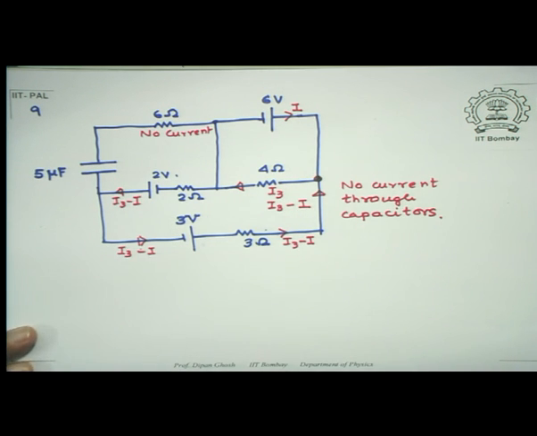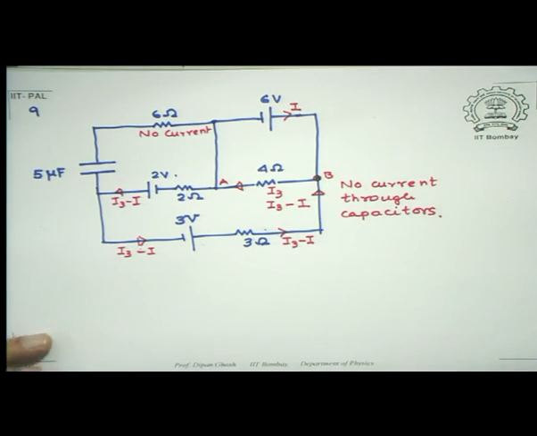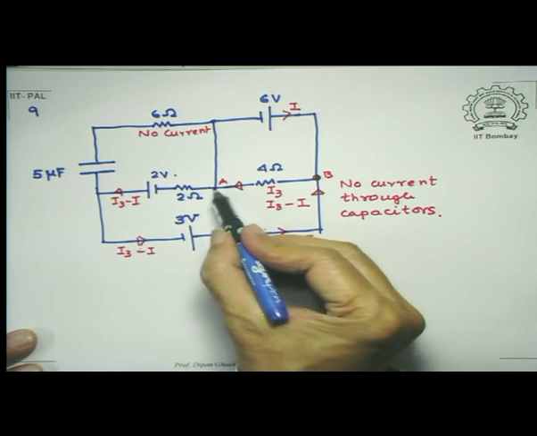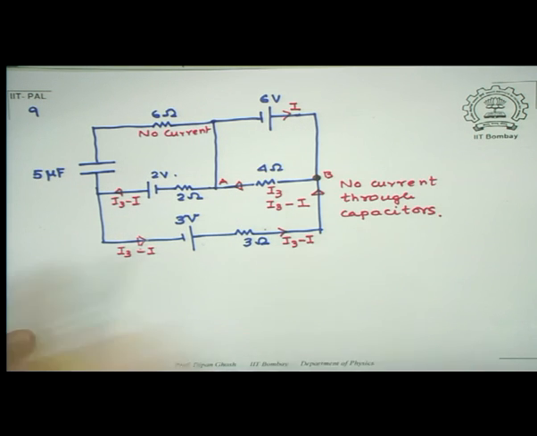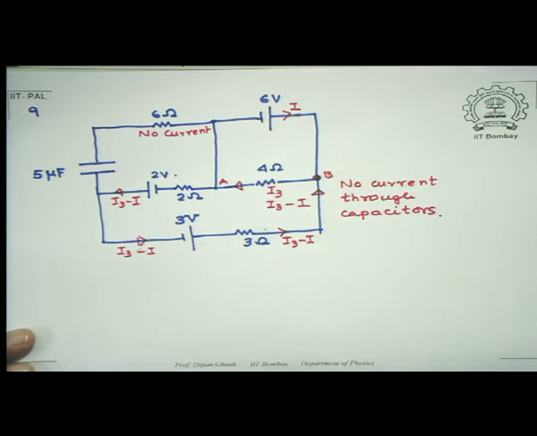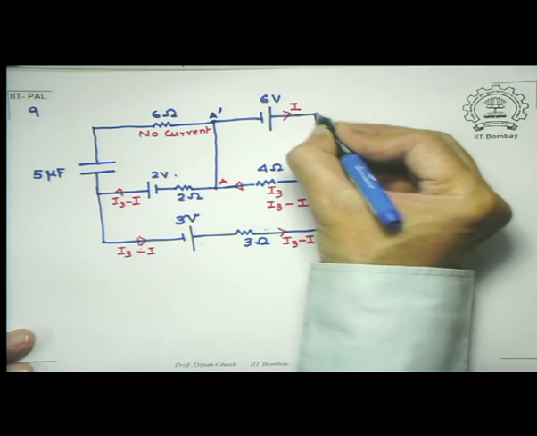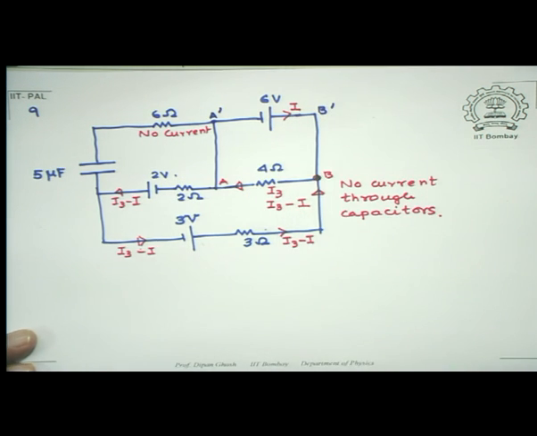So let's look at this here. The simplest thing to do in such a situation is to make some intelligent observations. And the first observation that I make is this, that between these 2 points, let's just number them, let's call them A and B. So between A and B, I know the potential difference because this is not contributing to my circuit. So the potential difference between A and B is the same as the potential difference across A prime, B prime, which is 6 volts.